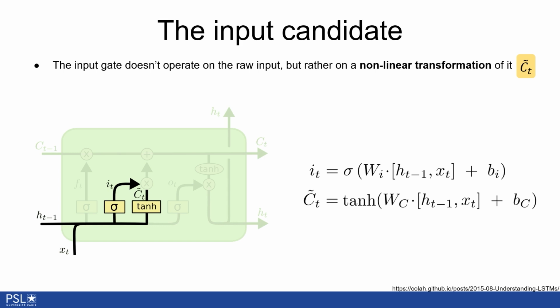Together, C tilde and the input gate it will influence the new content of the cell variable ct. C tilde will provide the candidate content to be written onto the cell, and the input gate it will determine how much from C tilde will be granted access. We will see this now in more detail.